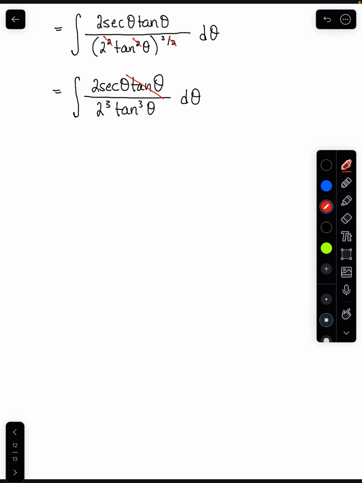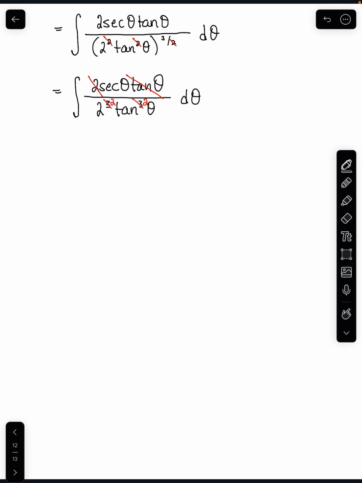The single factor of tangent in the numerator will cancel with one factor of tangent in the denominator. Likewise, the single factor of 2 in the numerator will cancel with one factor of 2 from the denominator. The remaining two factors of 2 are a constant multiple that can be brought out in front, so that we have in our integrand secant theta in the numerator and tangent squared theta in the denominator.